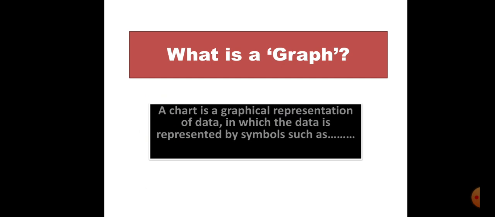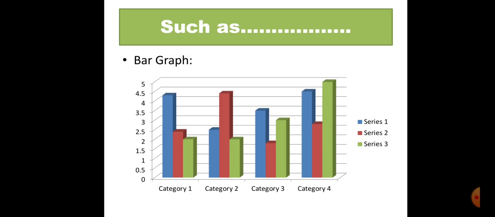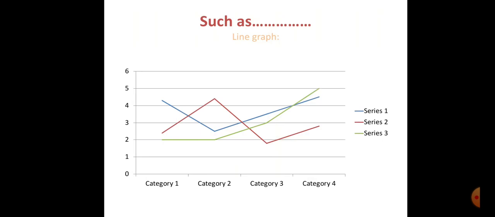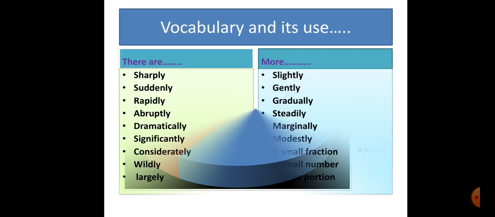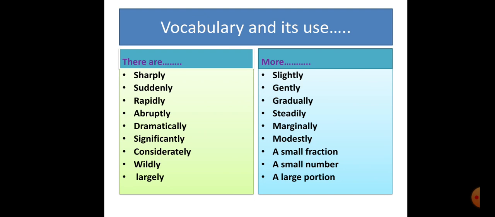Graph is a graphical representation of data in which the data is represented by symbols such as bar graph, such as line graph, such as pie chart.